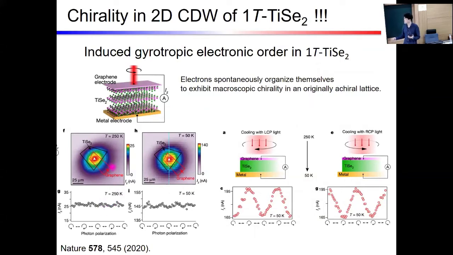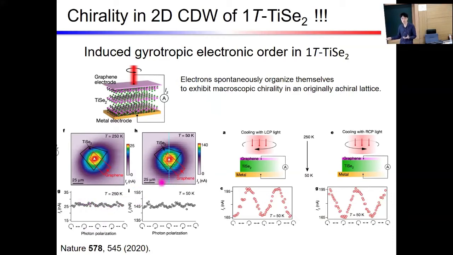So first they do just the cooling. Here the transition is a little bit lower than room temperature. And anyway, at high temperature, they measure the photocurrent while changing the circularly polarized light, but they don't have any response. But when you cool down, the CDW is formed.